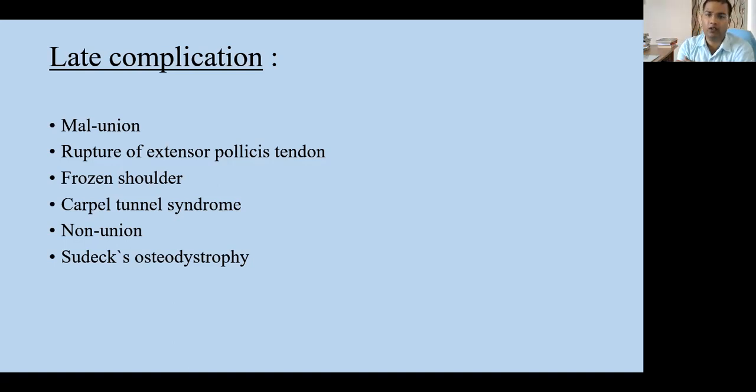So you must advise your patient that he can move his elbow and he can move his shoulder, because most commonly patients will not move their shoulder as well as the elbow. So later on that patient may get a frozen shoulder. That is joint stiffness in the shoulder joint and painful joint movement in the shoulder joint. That condition is called frozen shoulder. And carpal tunnel syndrome may also occur later, and non-union and Sudeck osteodystrophy. These are the common late complications that can occur in the Colles fracture.